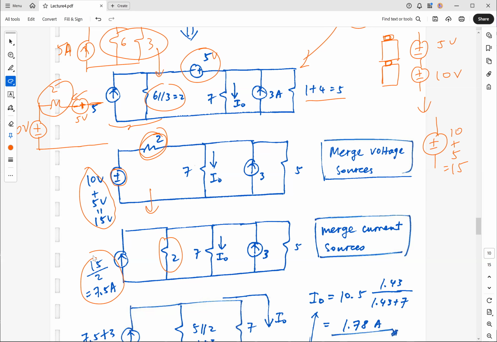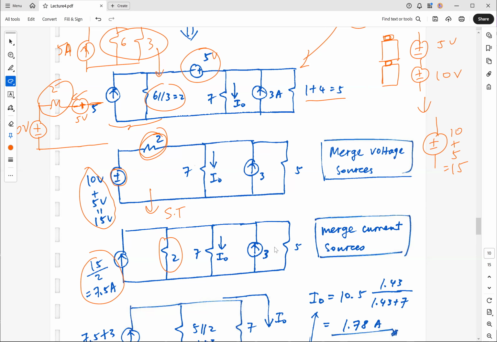Remember, Rx and Ry have to be the same. But what's different here is I need to change the series configuration to parallel configuration. So now this part is taken care of by this source transformation, ST. And on the right here, everything remains the same, 7 ohm, 3 amp, and then 5 ohm.